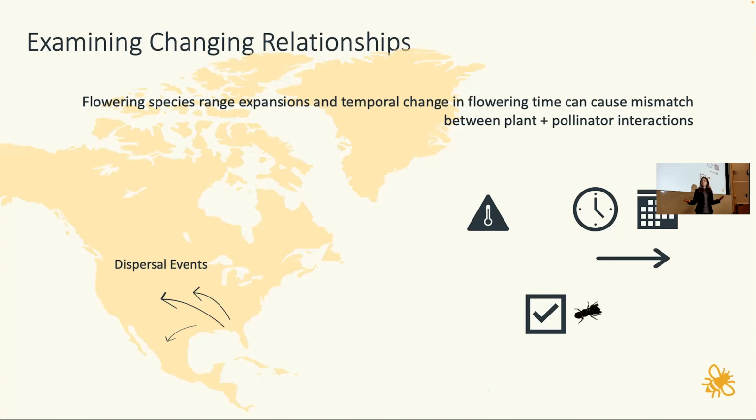There have also been global shifts in climate in geologic time, and this can change the phenology, or the timing, of life history events in both plants and pollinators. And so if we have these changes across a landscape, we have local adaptation for species, and this can drive species divergence.